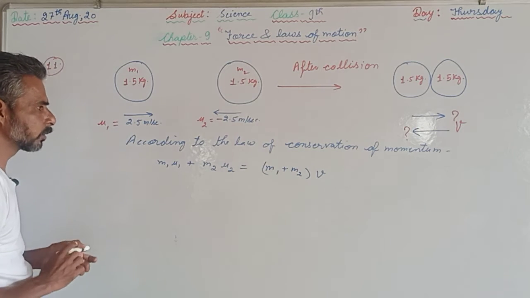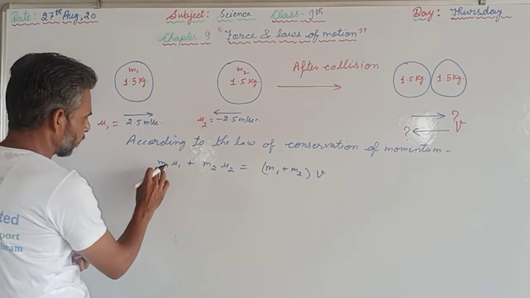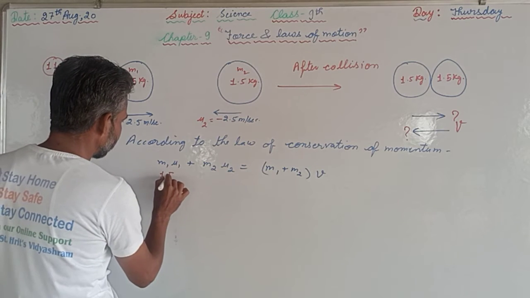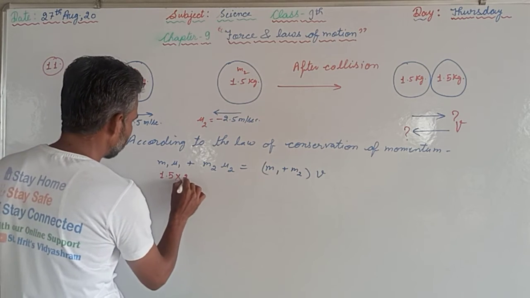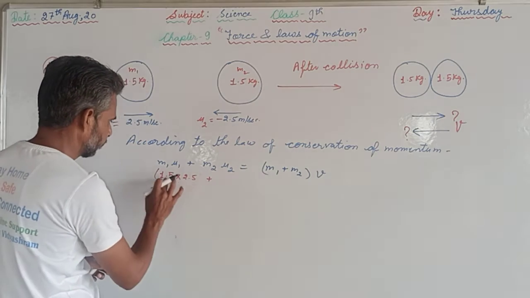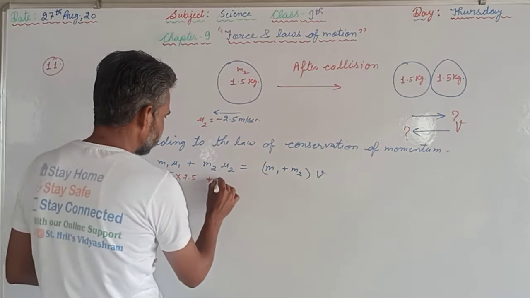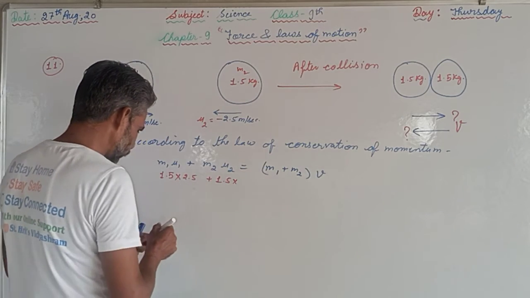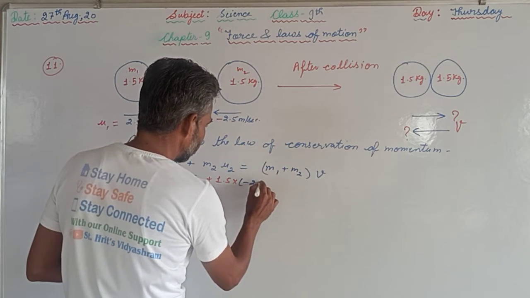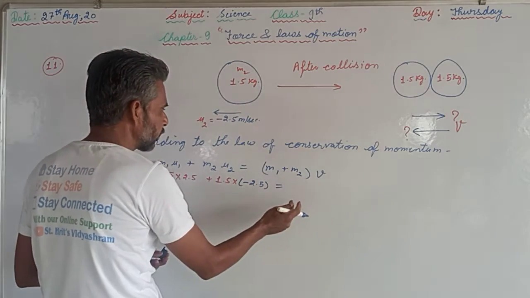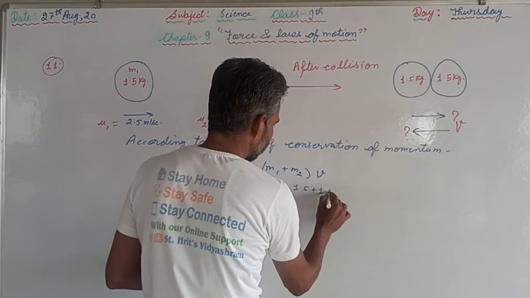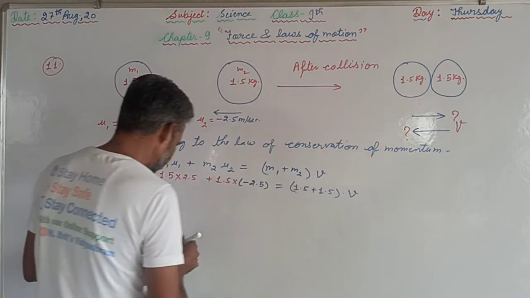Now we are supposed to substitute the values. So m1 u1, that is m1 is 1.5 kilogram and u1 is 2.5, plus m2 is 1.5 into u2, that is minus 2.5, is equal to m1 plus m2, means 1.5 plus 1.5, into v, which we have to find.